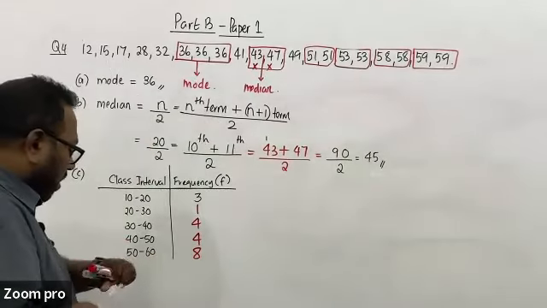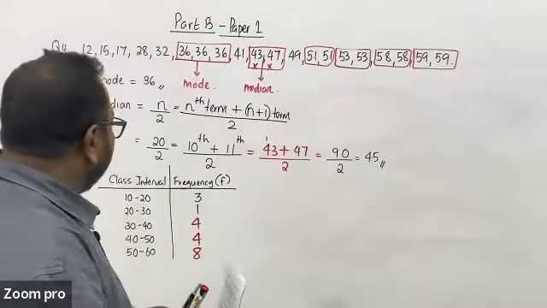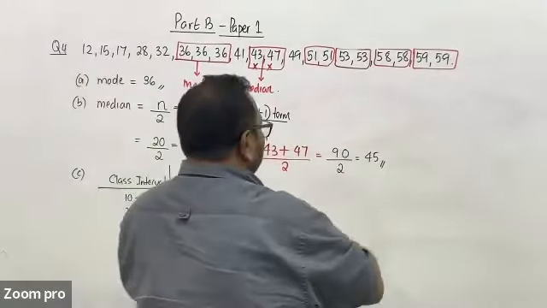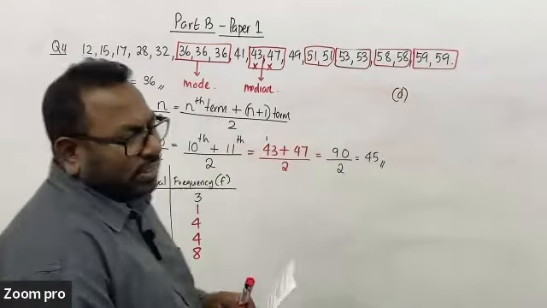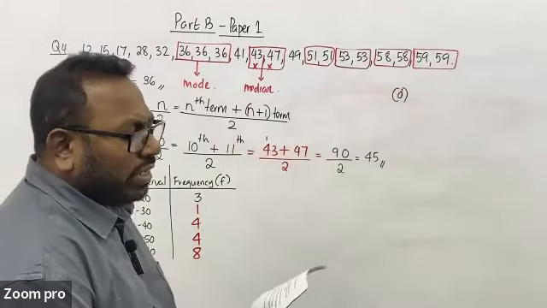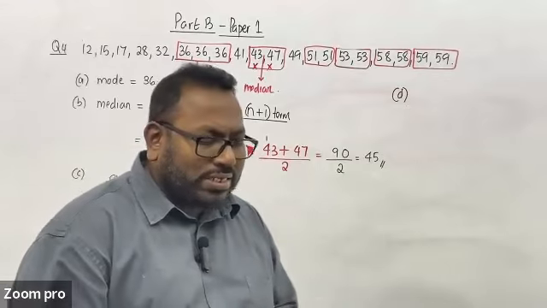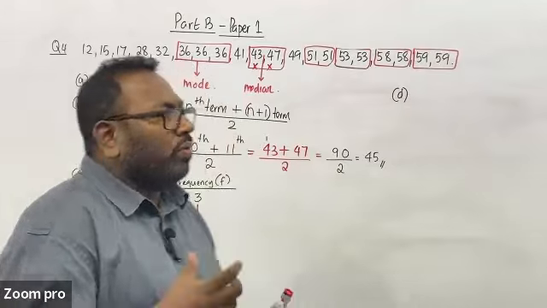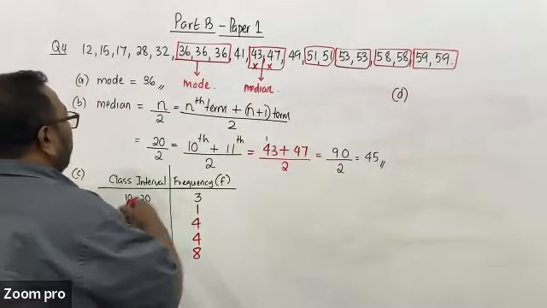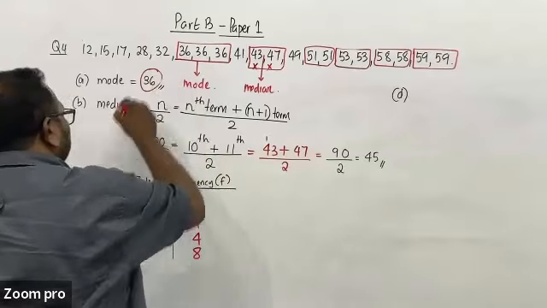Then we are going into question number D. I'm going to do it here. Question number D. What are they saying in question number D? According to the table, what is the class interval which includes the mode? What is your mode? Your mode is 36.